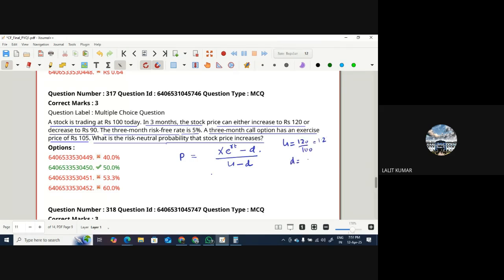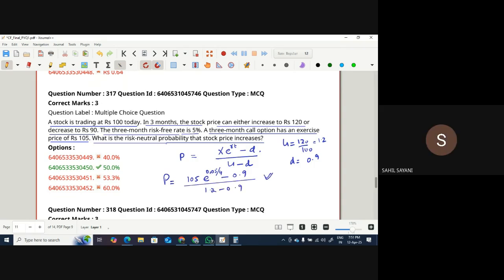D is 0.9. The strike price is 105. The rate R is 5%, so this is 0.05. It is 3 months, so this will become 1/4.